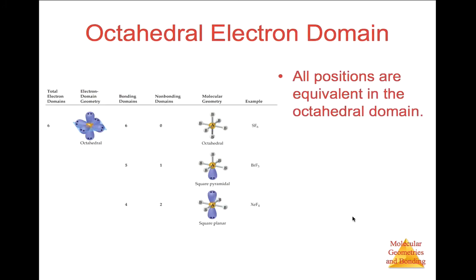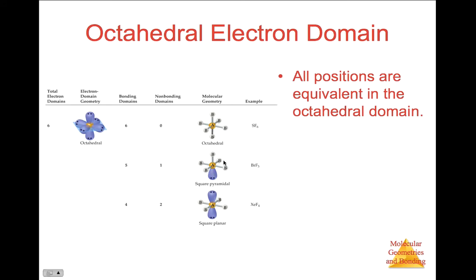Lastly, the octahedral electron domain. This is when there are six domains of electrons around the central atom. If there are 6 bonded and 0 non-bonded, the shape is called octahedral. You need to memorize that name. If there are 5 bonded and 1 non-bonded, it's called square pyramidal. Notice now in the octahedral domain, the unshared pair of electrons always occurs in what's called the axial domain, the up and down domain right here.